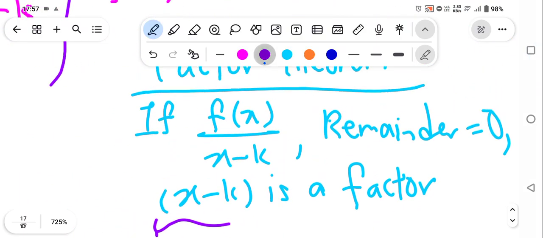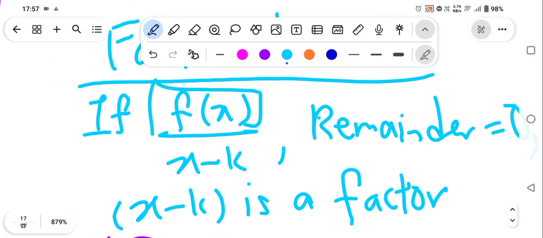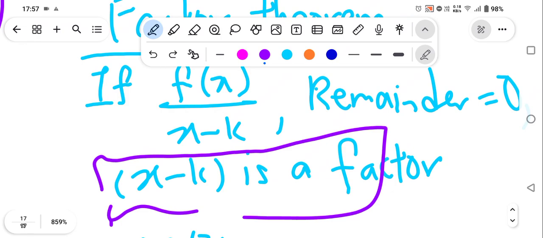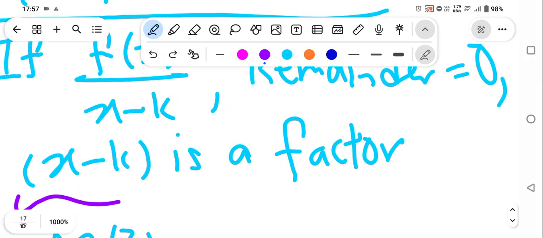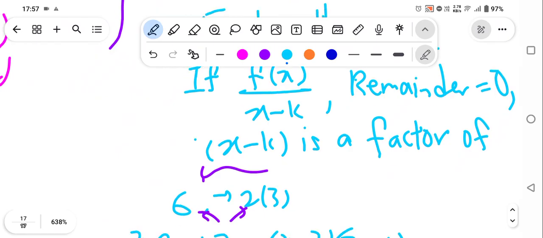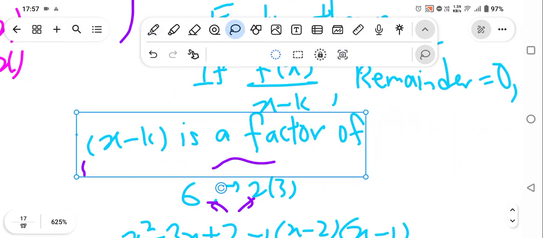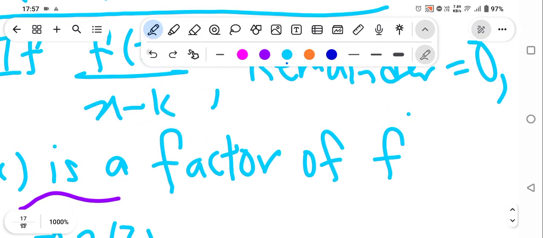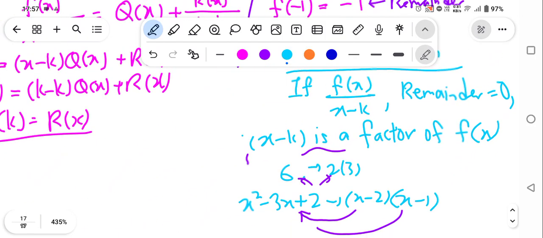So recall again, if we divide f(x) by x minus k, and the remainder is 0, then x minus k is a factor of f(x). So why?